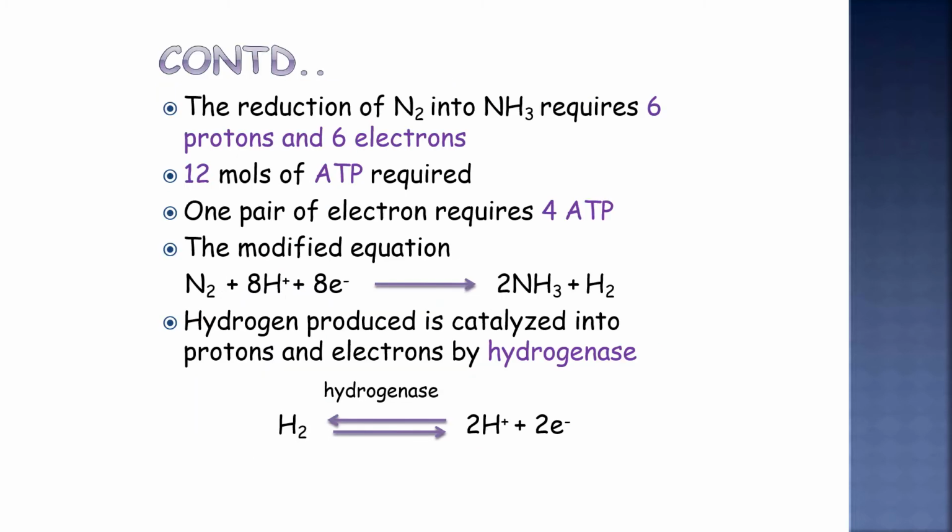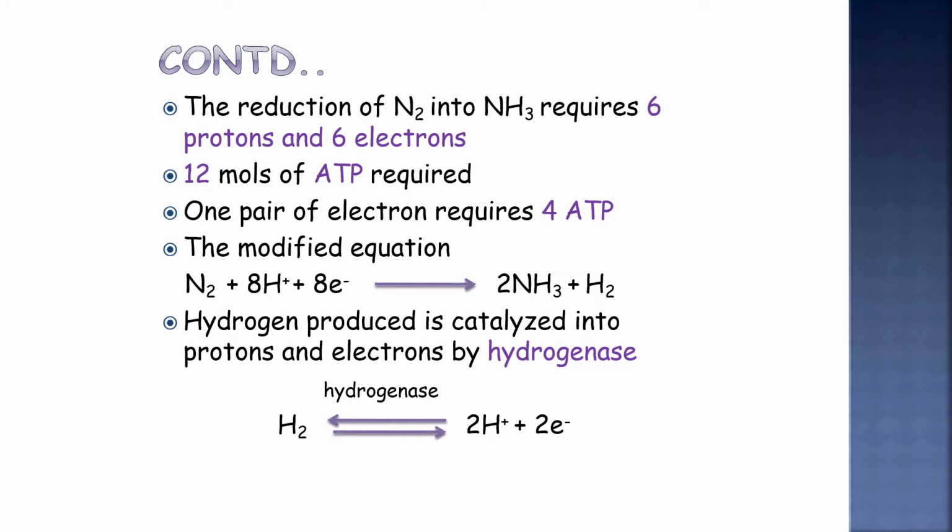Now in this slide you can see that the reduction of nitrogen into ammonia requires 6 protons and 6 electrons. 12 molecules of ATP are required, and one pair of electrons requires 4 ATP.